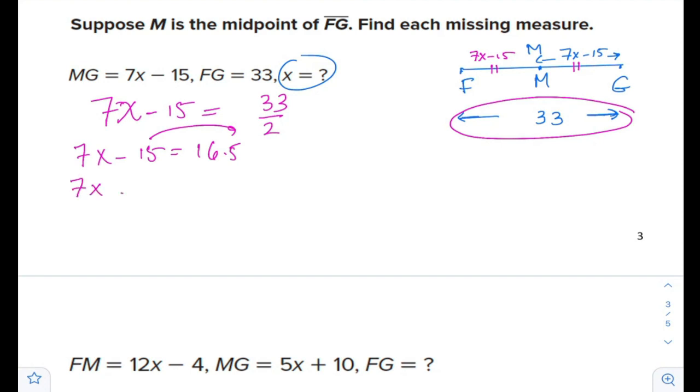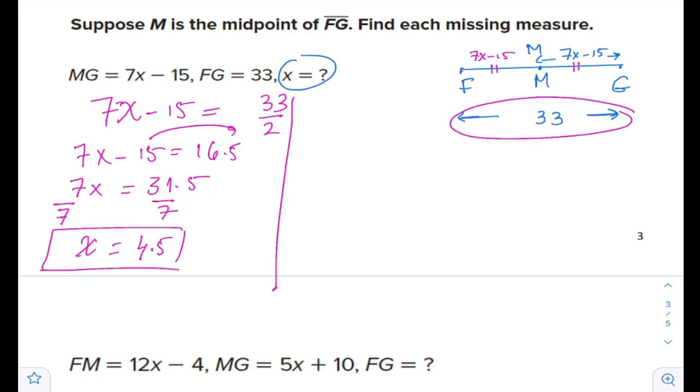We add 15 to both sides, and this will be 31.5. And when you divide by 7, 31.5 divided by 7 is 4.5.